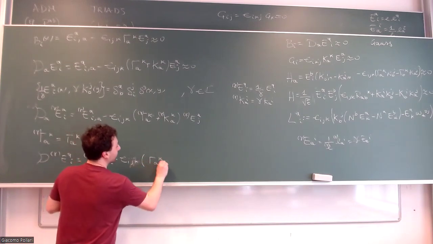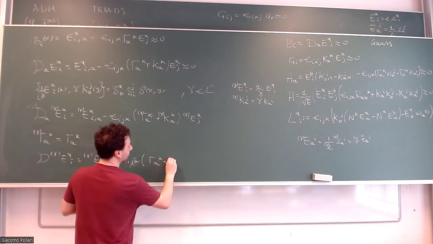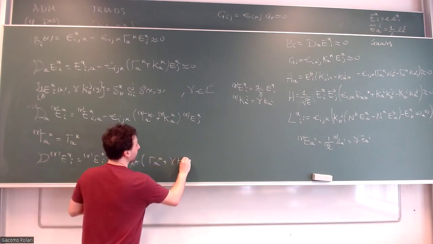Yeah, as gamma K plus, we can write it simply as gamma mu.